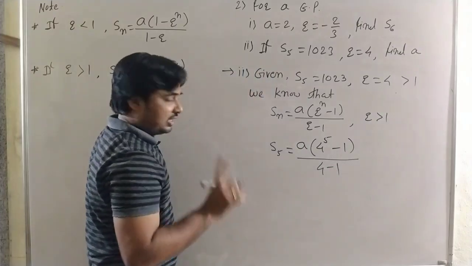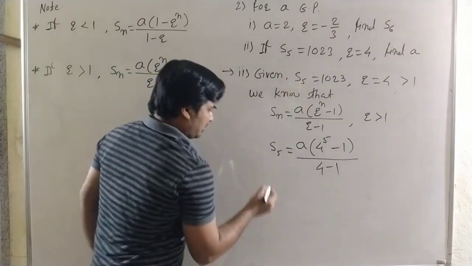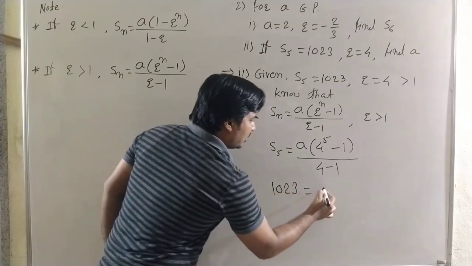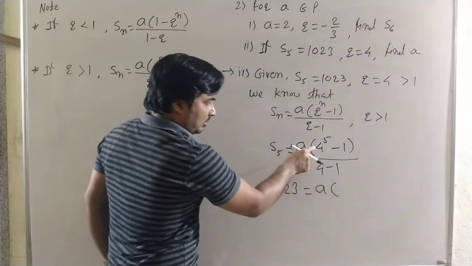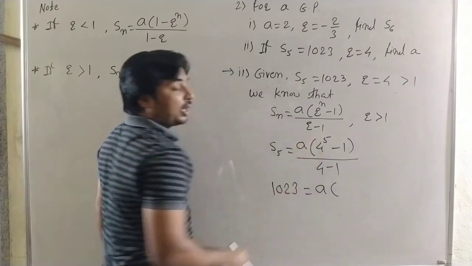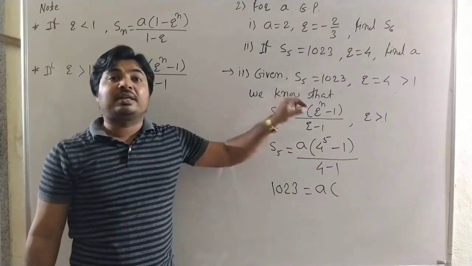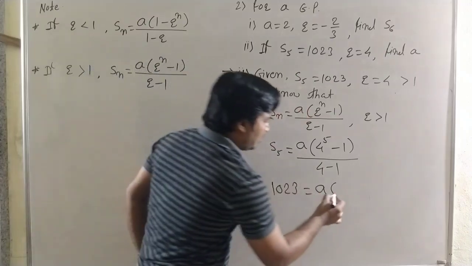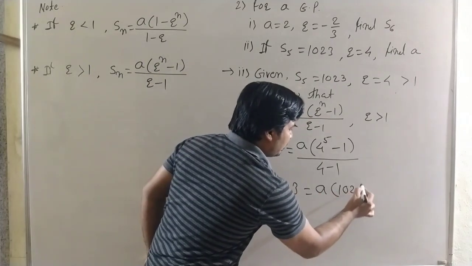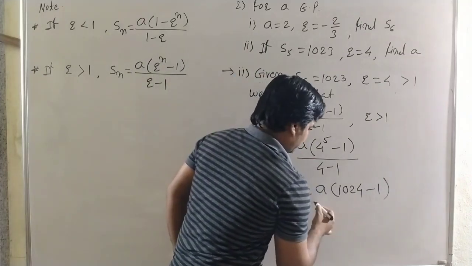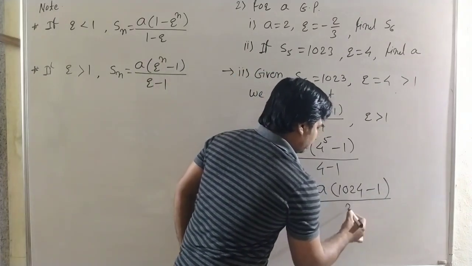Okay, now see carefully the calculation. S5 is given as 1023, equal to a into 4 to the power 5, which is like 2 to the power 10, and you know 2 to the power 10 is 1024, minus 1, whole upon 3.